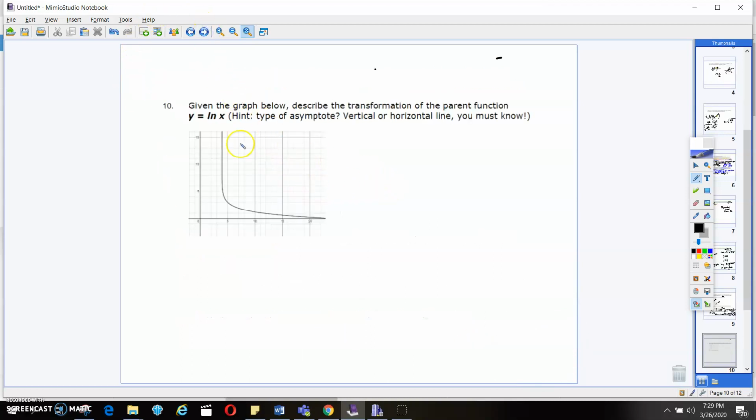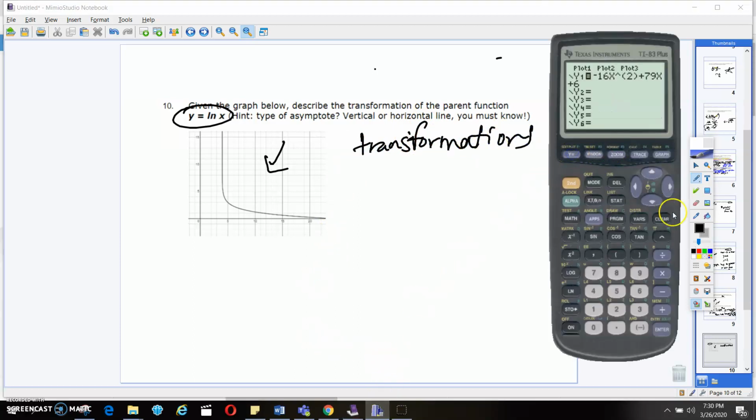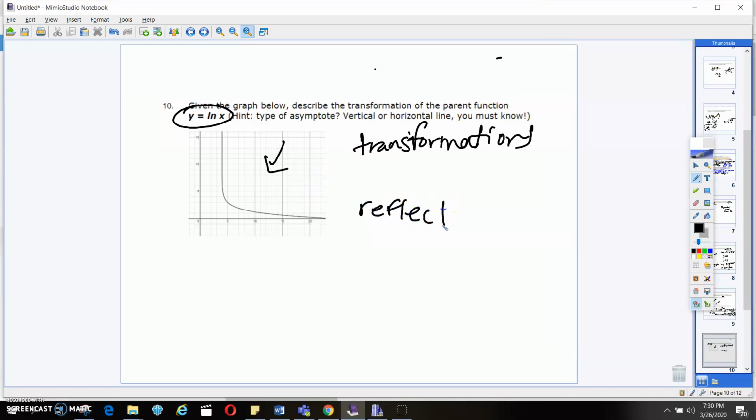Number 10. Okay, so this is talking about transformations, okay? So you're comparing this to this function right here, okay? And you're telling me what the transformations that occurred. Okay, so what we can tell right now is if we go into our graphing calculator and we graph the function ln of x, okay? So compared to ln of x, this is the OG. What happened between here and here? Well, there definitely was a reflection across the x-axis, okay?